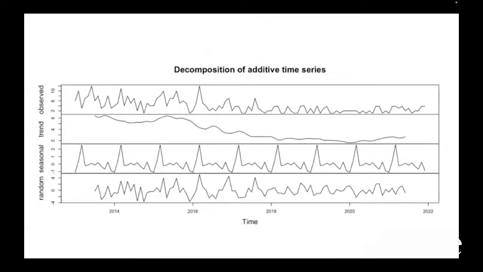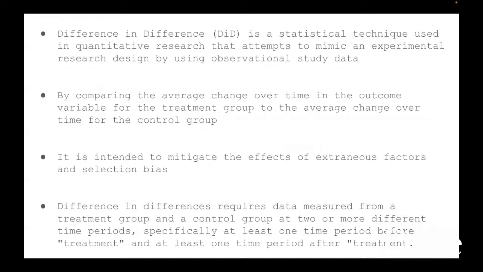So why difference in difference? Difference in difference is a statistical technique used in econometrics and also in quantitative research, used to mimic an experimental research design. Not only in quasi-experimental studies, it can also be used in a randomized controlled trial, like the practice we have at KSMC.